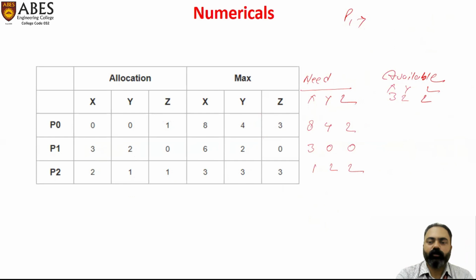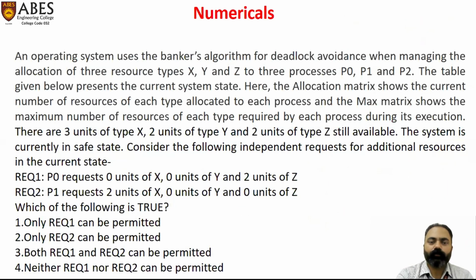P0, P1. So there is an option: request to P1 with request 2 units of X, 0 units of Y, 0 units of Z. So only request 2 can be permitted.